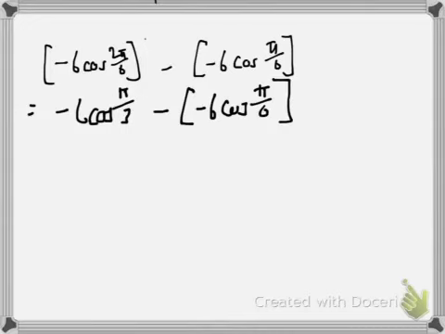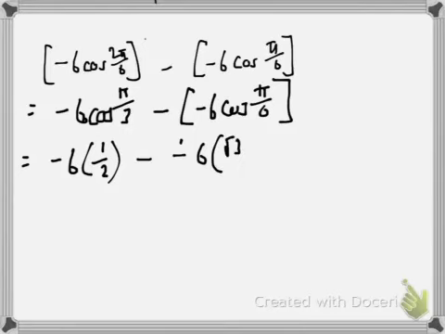Very neat, sorry. Equals, now cos pi on 3 is a half, so minus 6 times a half, minus, and we've got, that's going to be negative 6 times, cos pi on 6 is root 3 on 2.